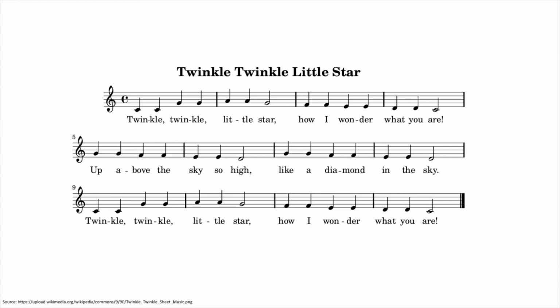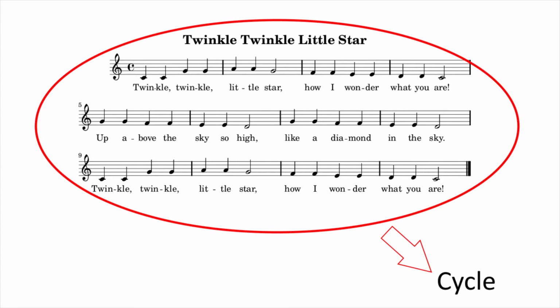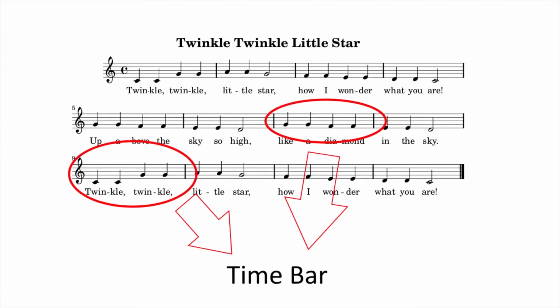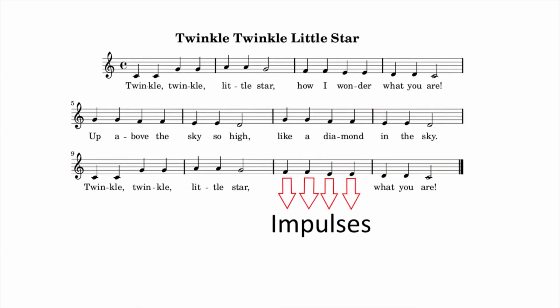You know, a classic music sheet you can find on the internet or anywhere else. The full song that you have in here is going to be called a cycle. Now within the cycle you can see that the separation by little vertical black bars is what is called a time bar. And also finally we have what we call impulses, which in a regular metronome would be the ticks that you would listen to.